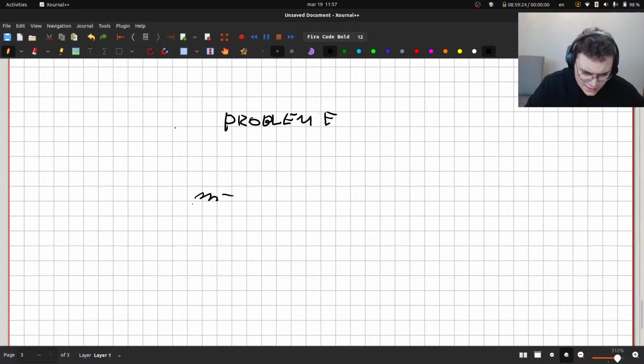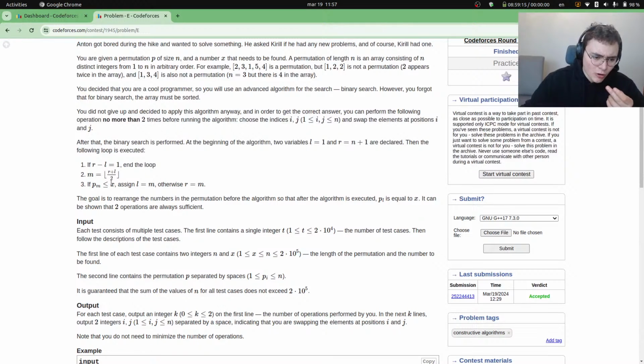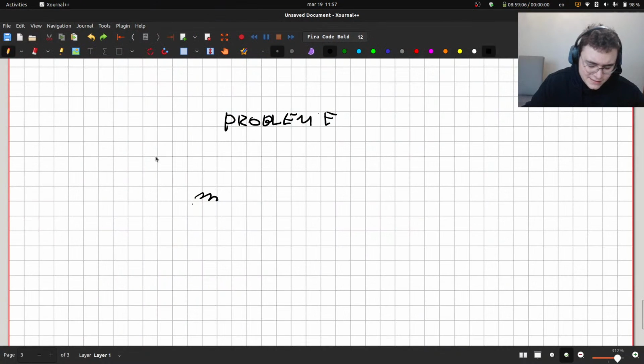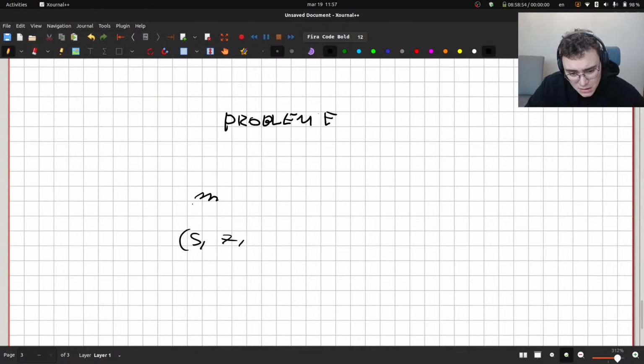So let's look at the set of m's that we'll go through in this binary search. Because we only care about the value of p_l and about those values that we compare with x. So let's say that they are equal to 5, 7, 9, and 8.